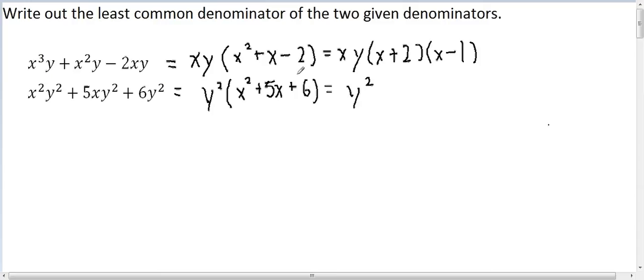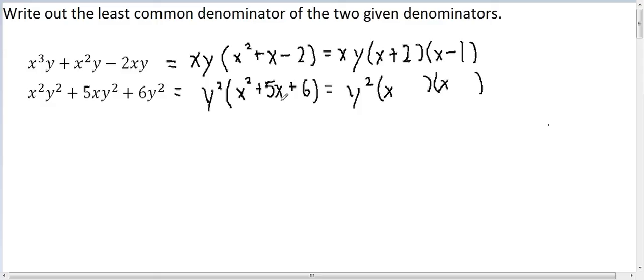And we can further factor this polynomial inside the parentheses. Once again, we have a coefficient of 1 for x squared, so we should start out with x and x. 6 is equal to 1 times 6 or 2 times 3. Since this 6 is positive, the factors should be both positive or both negative.